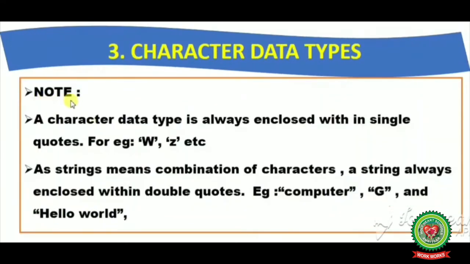Now we will discuss a note. A character data type is always enclosed in single quotes. For example, 'W' or 'Z' in single quotes. If you write any digit in single quotes, that is also considered a char data type. A string means a combination of characters, and a string is always enclosed within double quotes.